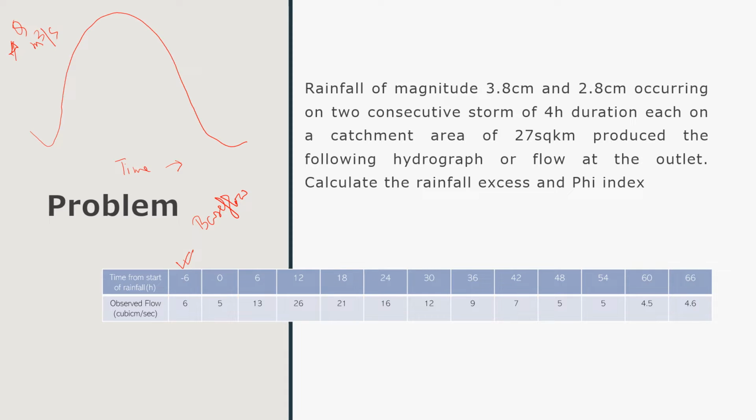That means the first one will be at 0th hour, the next one will be at 6, then 12, then 18, then 24, and so on. So our job is to calculate the rainfall excess and the phi index. Okay, so let us see how to solve it.